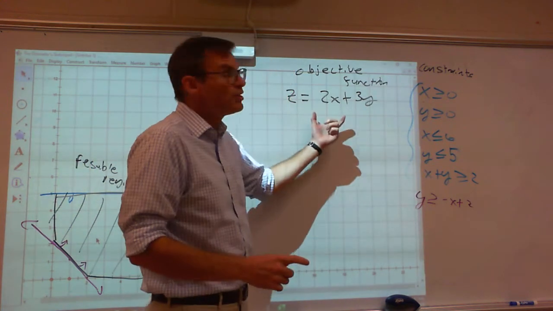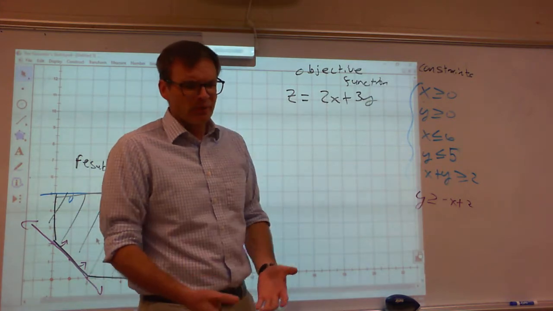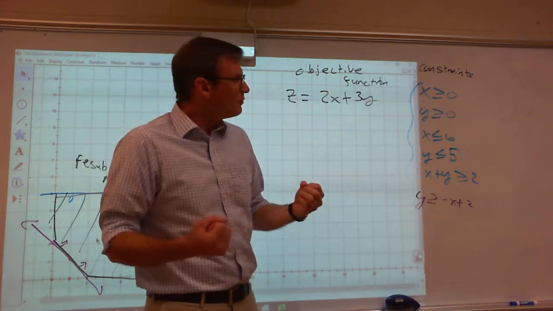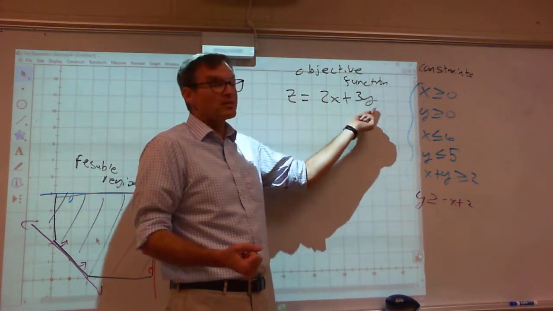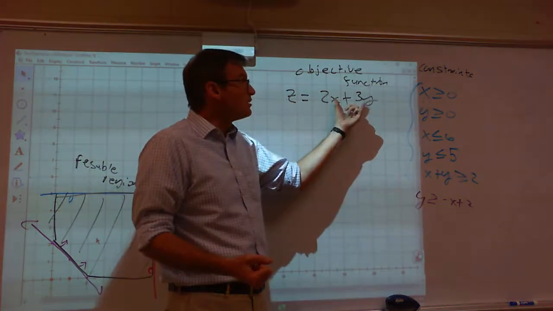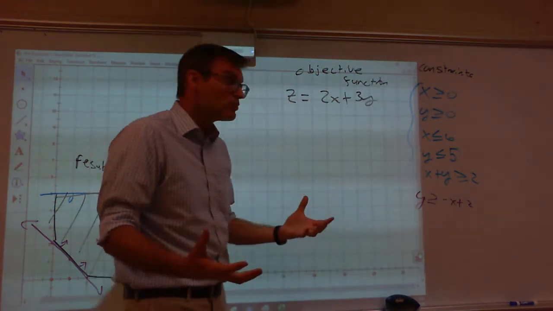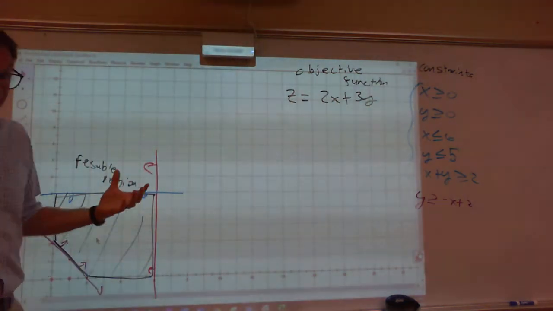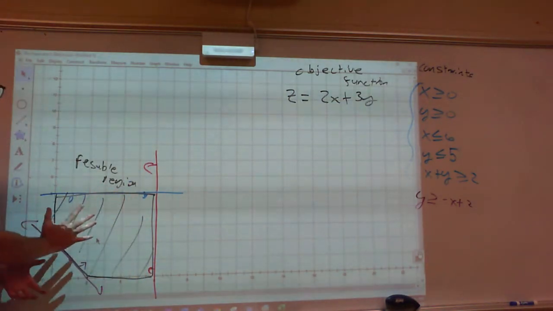So here's my objective function. In this case, I want the smallest number possible. Now, what does that mean? Well, if you look at this, z is defined in terms of x and y, right? And for different values of x and y, I'm going to get a value of z. And in theory, here's what you're supposed to do. See this little shaded region?